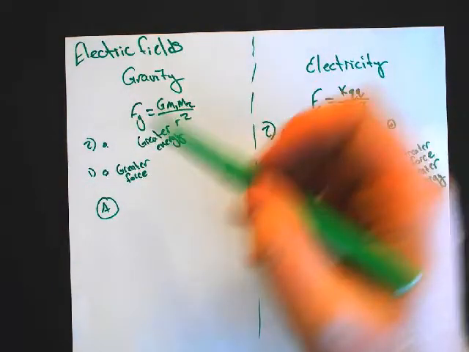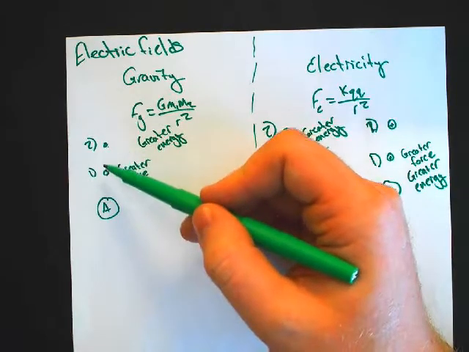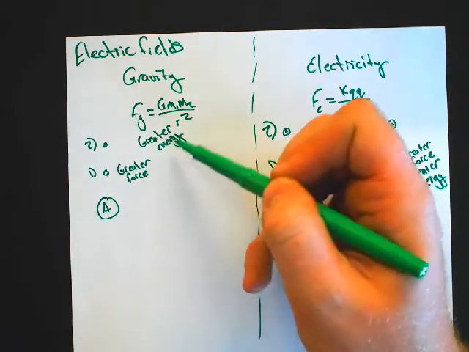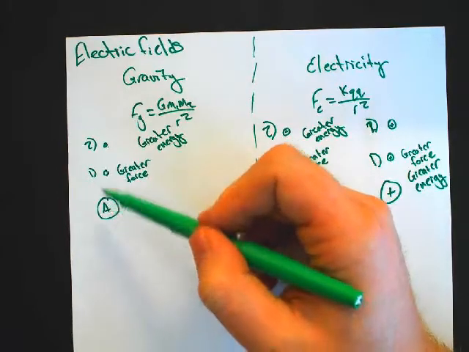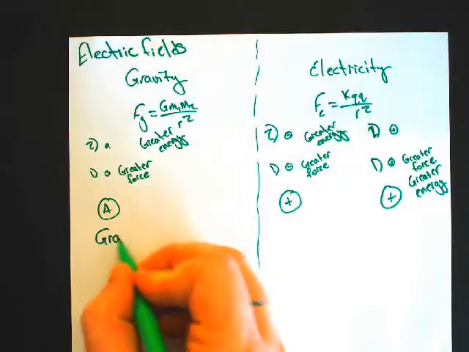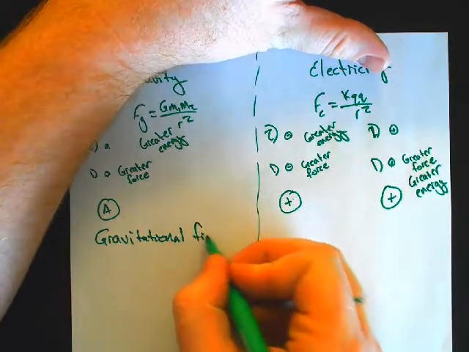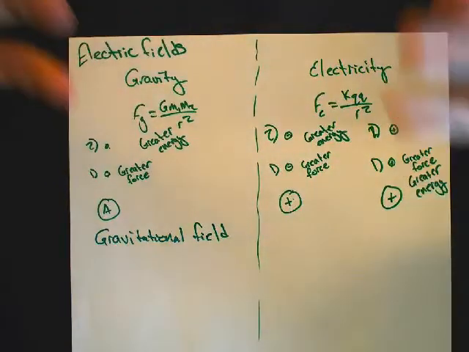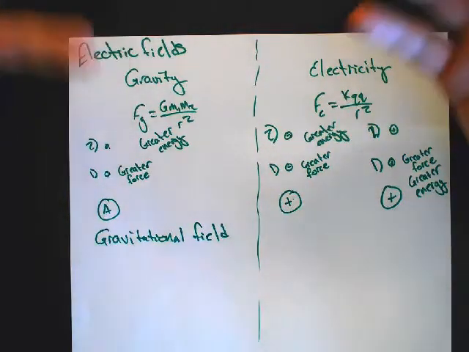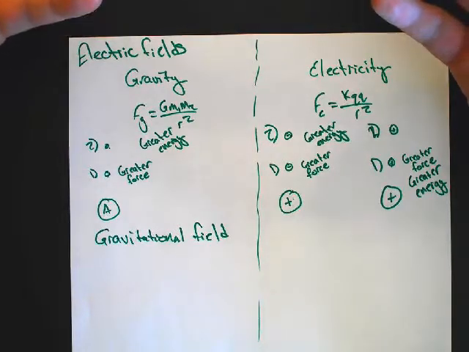So when we look at this, really what we're assessing in terms of these questions is not actually the force or the energy, but rather what we call gravitational field. So gravitational field, in terms of Newtonian mechanics, is just the acceleration due to gravity at a specific point.